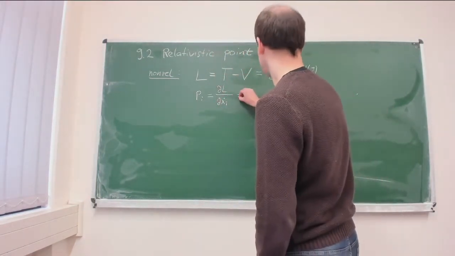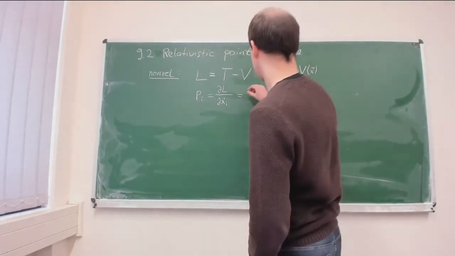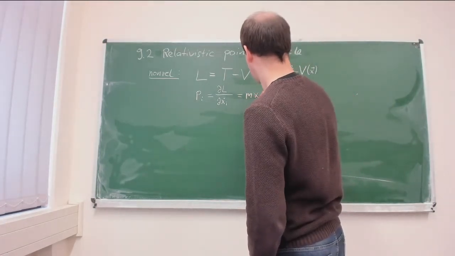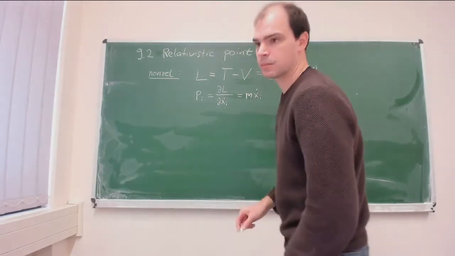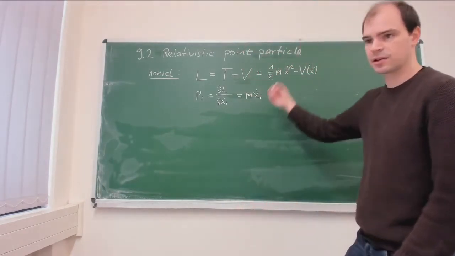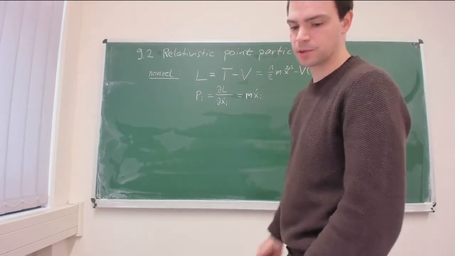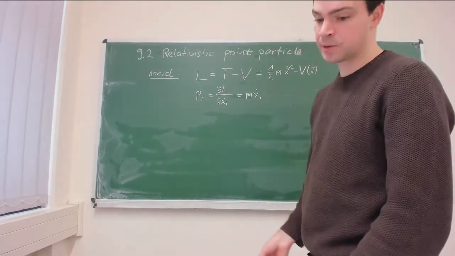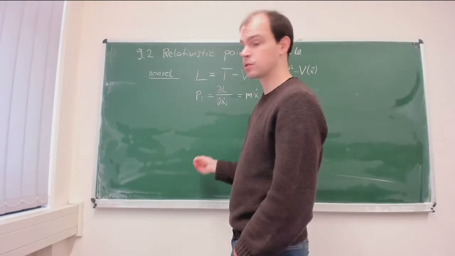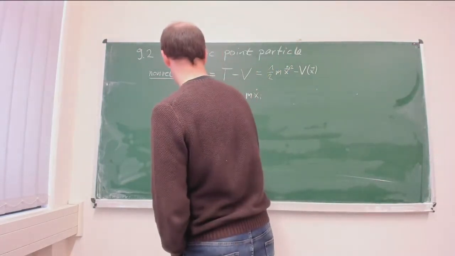And of course you see immediately that this is just m times x_i dot. So this is just the standard mechanical expression for momentum. And now we can get the Hamiltonian for this point particle.